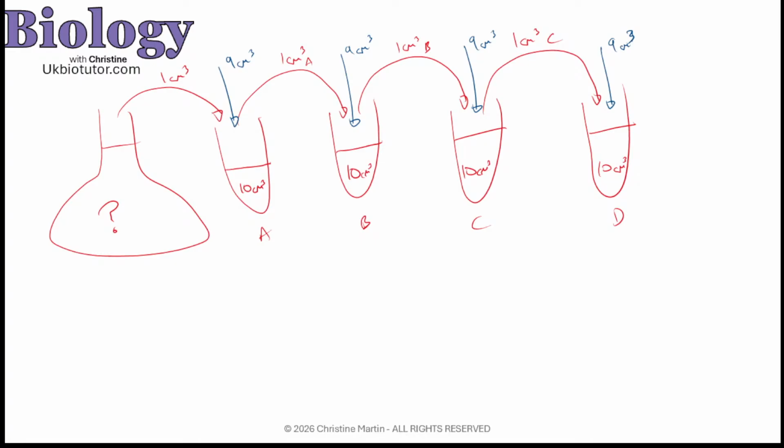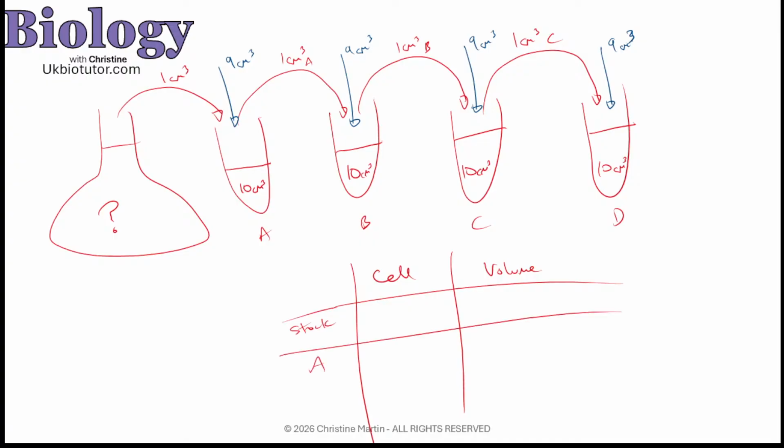So I'm going to do a volume and cells table. I'm going to put here my stock, and then A, B, C, D. Okay, so how would I work out what I've done?